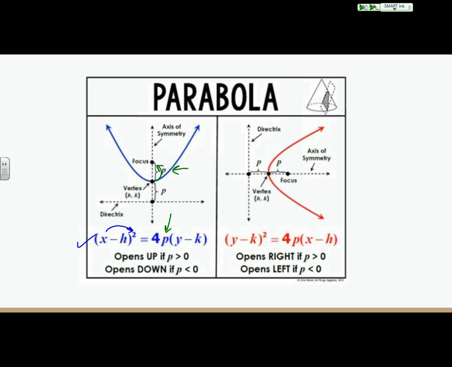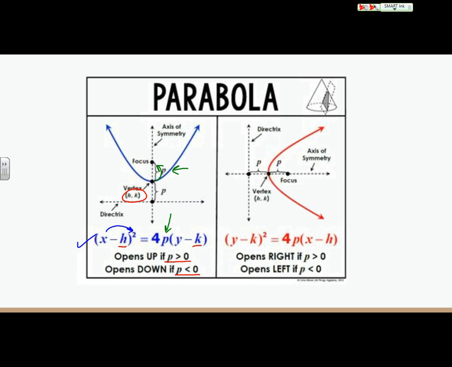We still have our X's and Y's. H and K, that's going to be where the vertex lands. And how I'm going to know whether it opens up or down depends on whether the p-value is positive or negative. More on that coming in an example.